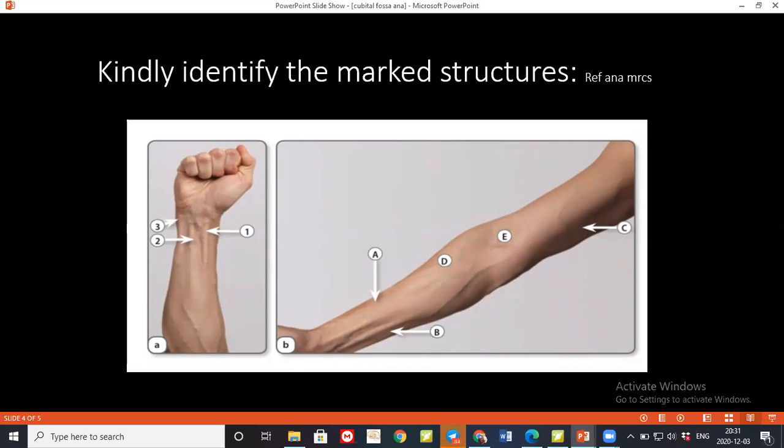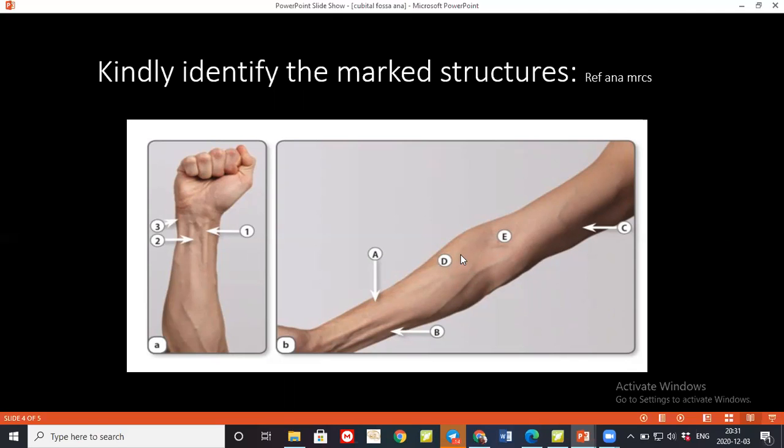C will be T1. A is C6, B is C8, and C is T1. Above here is T2, but here is T1.